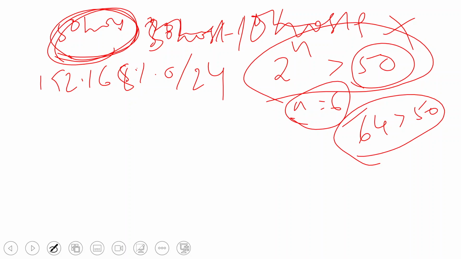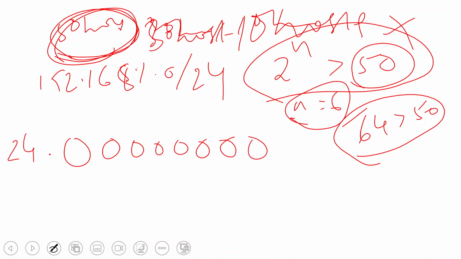What is this n value? You have 8 bits of zeros, and up to this point it's 24, all ones. Out of these 8 bits, whatever the n value is, it might be 6, 5, 4.